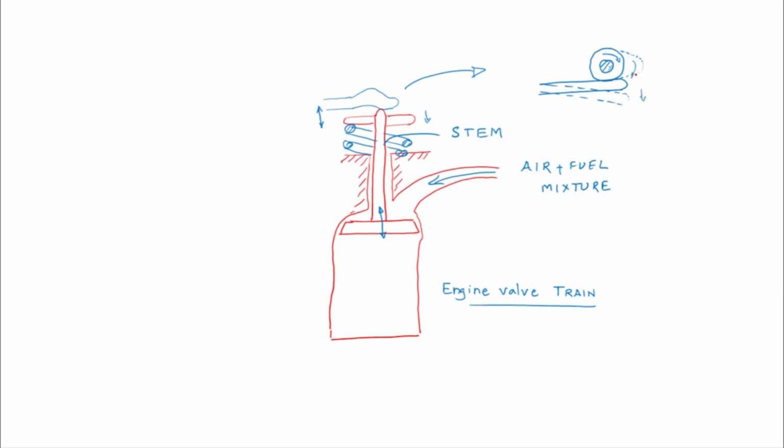When this portion comes down due to this movement, the end of the disc will be displaced, and whatever elements are connected to the end will be moved in the downward direction. The same principle will be applied here as well.